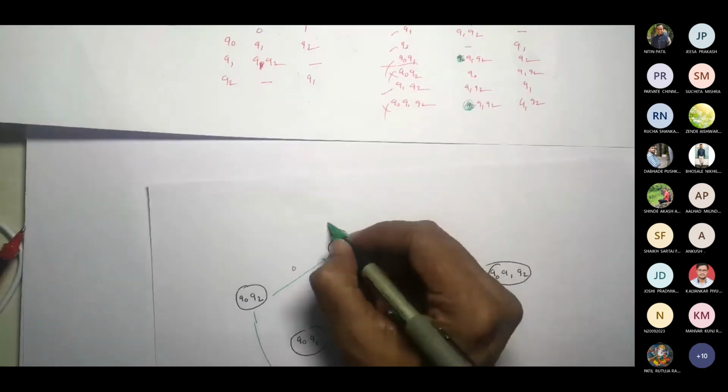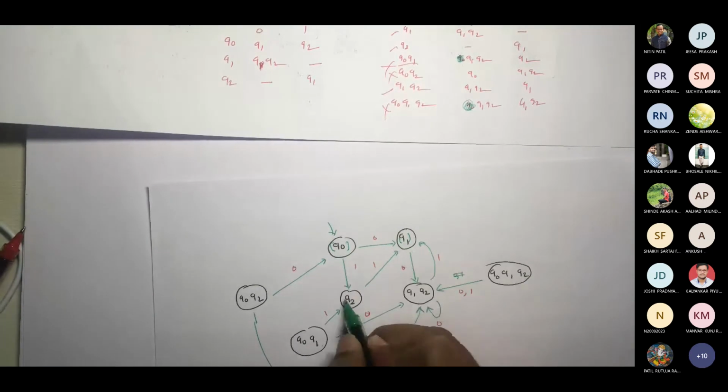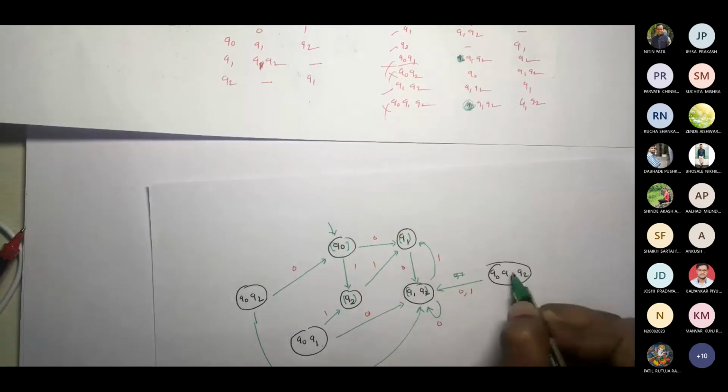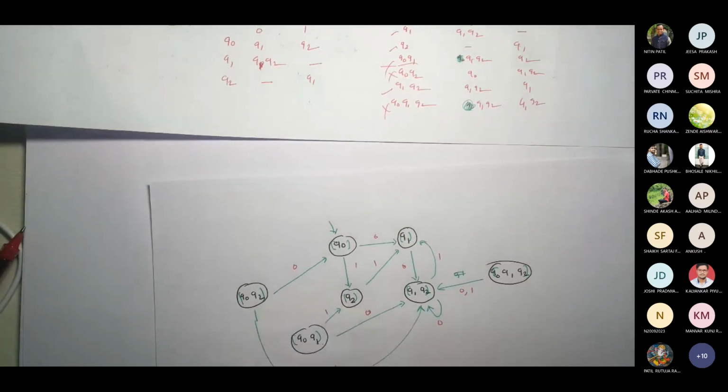Okay, this was our initial, with the assumption that each one of them is a square.